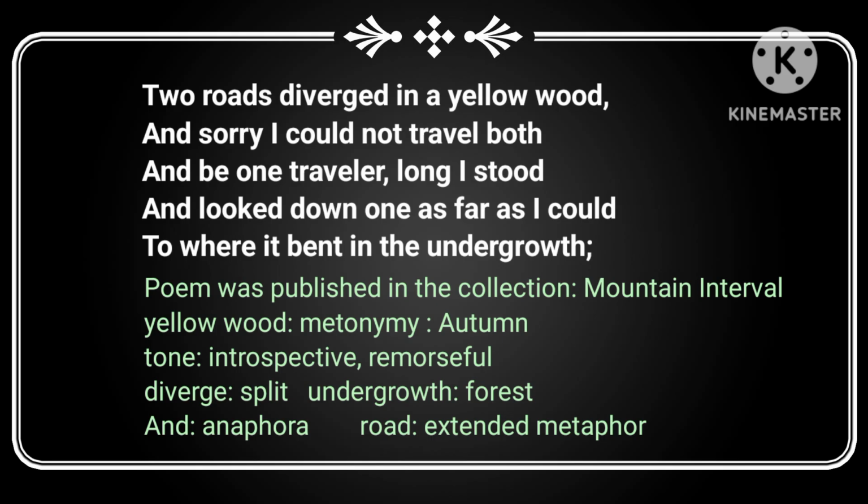It is omnipresent. Here, the metaphor of the road is an extended metaphor that is used to symbolize the life choices, which acts like a skeleton in the poem. Therefore, it is omnipresent and an extended metaphor.